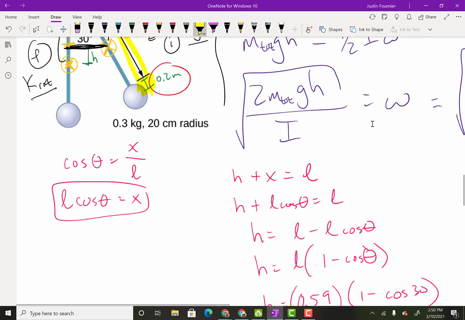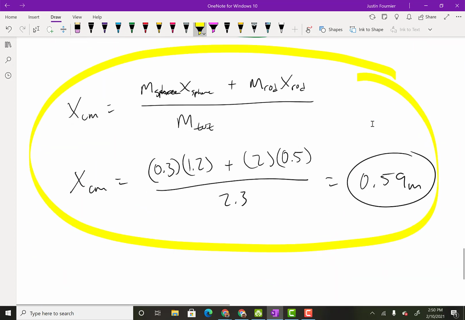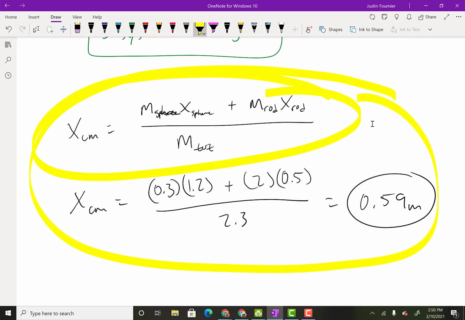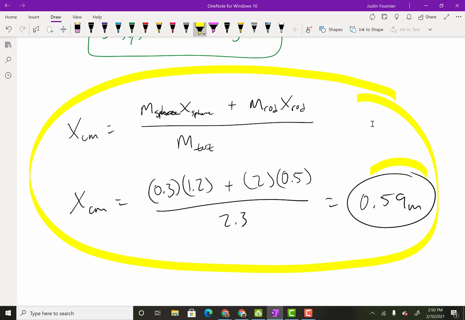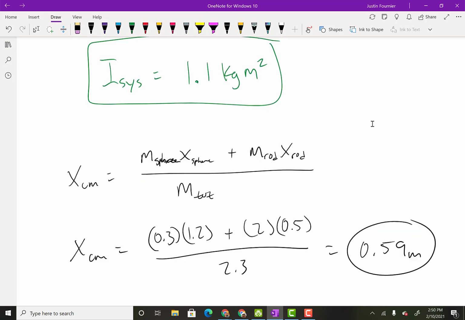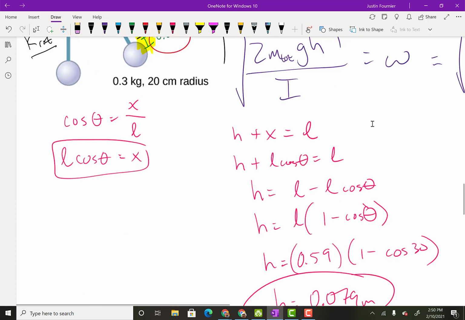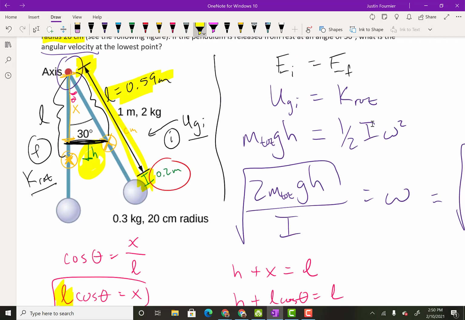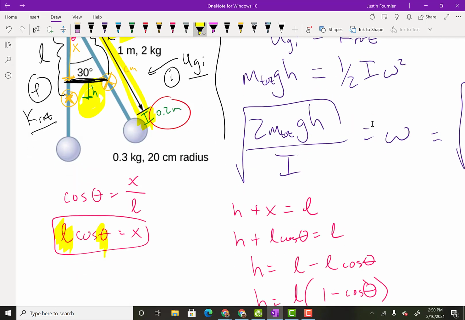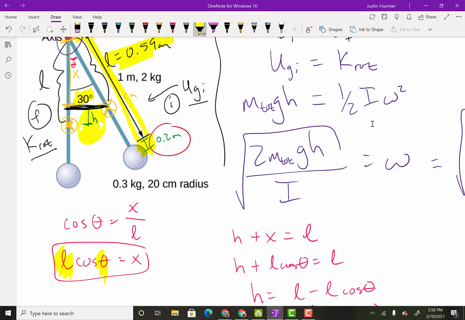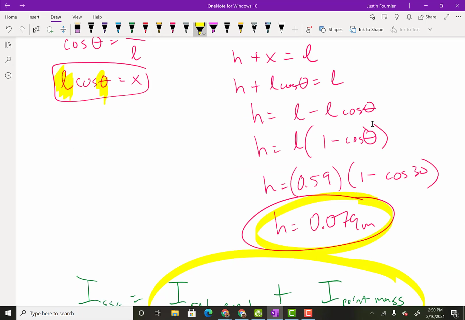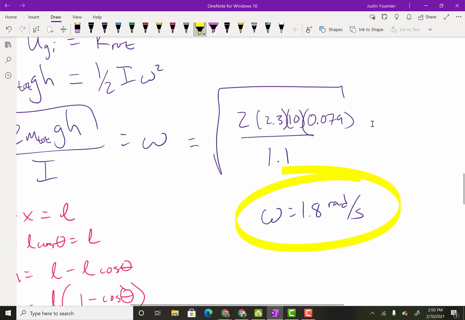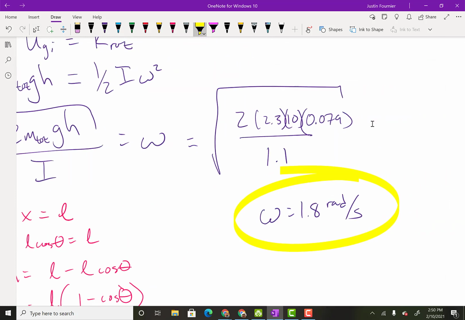We found that using the center of mass equation, which is on your equation sheet for AP Physics C, and we got 0.59. Then we used a little bit of trigonometry to find the height in terms of things we knew, like L, the position of the center of mass, and theta, which they gave us as 30. Then we plugged in everything at the end to get omega as 1.8 radians per second.